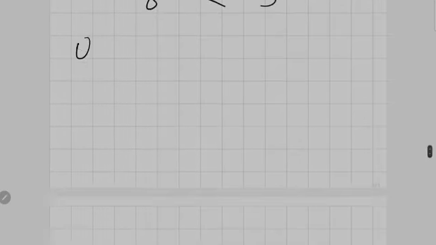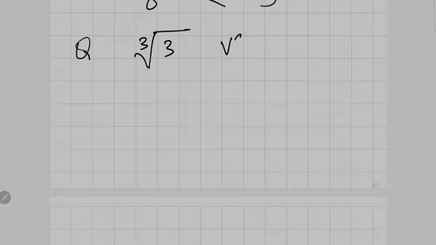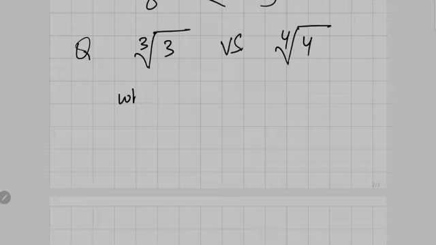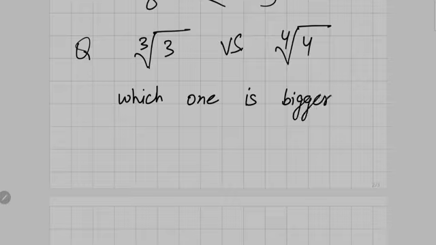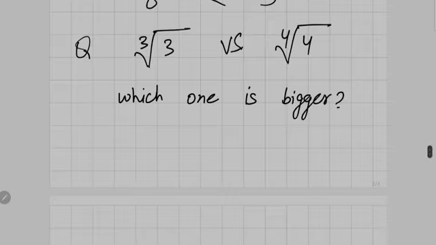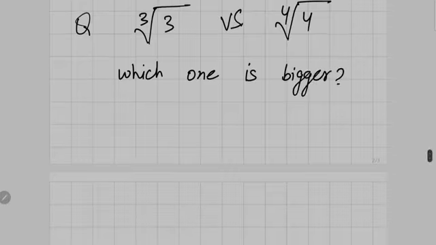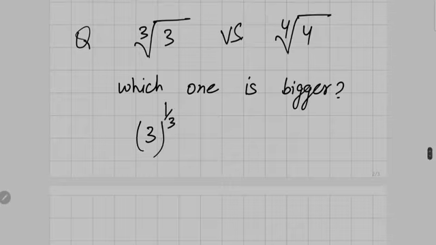Similarly, if I ask third root of 3 and fourth root of 4, which one is bigger? Similarly, we can write third root of 3 as 3 to the power of 1 third, and fourth root of 4 as 4 to the power 1 fourth.